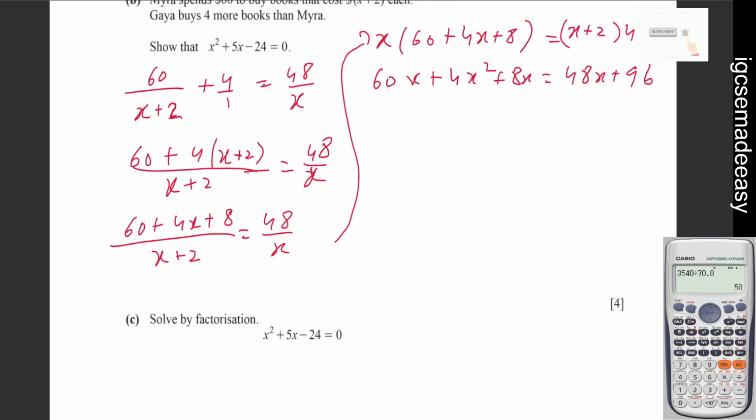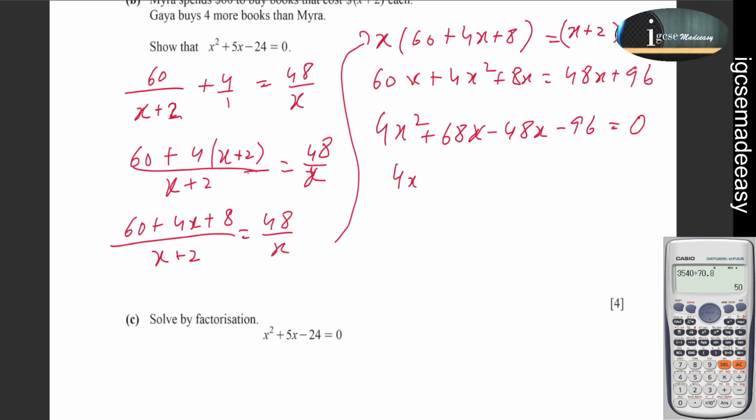So we can pair all the like terms. So we have 4x squared on the left side. 60 plus 8 is 68x. If I take 48x over to the left, it will be minus 48x. Then minus 96 equals 0. So 68 minus 48 is 20.